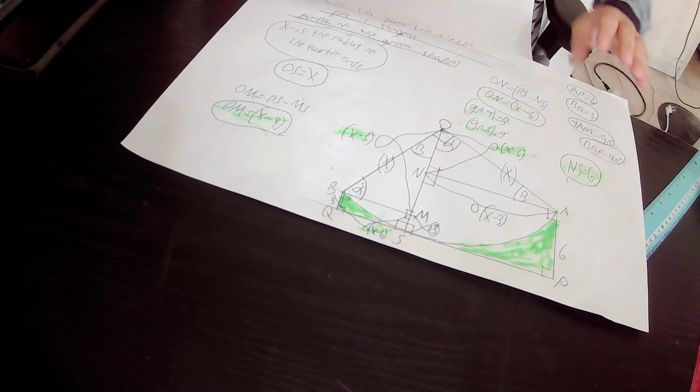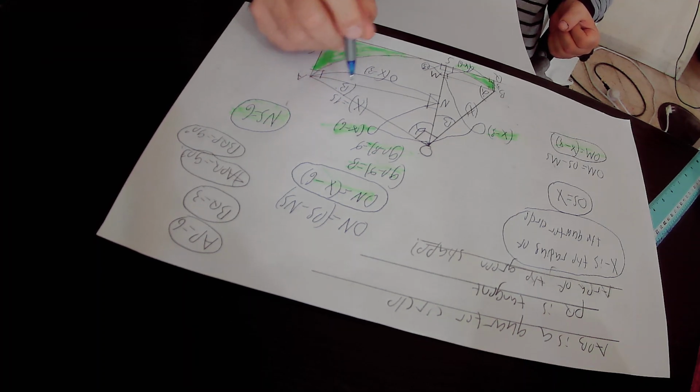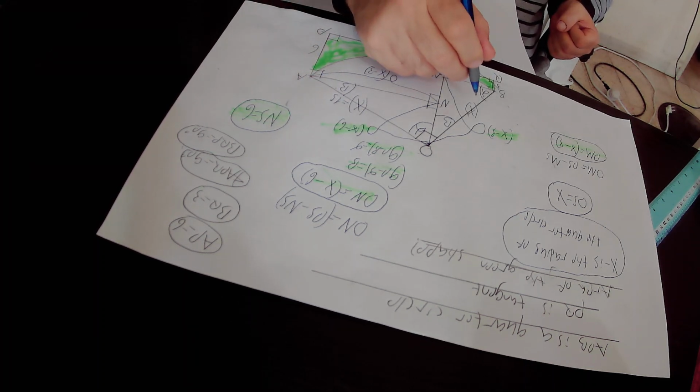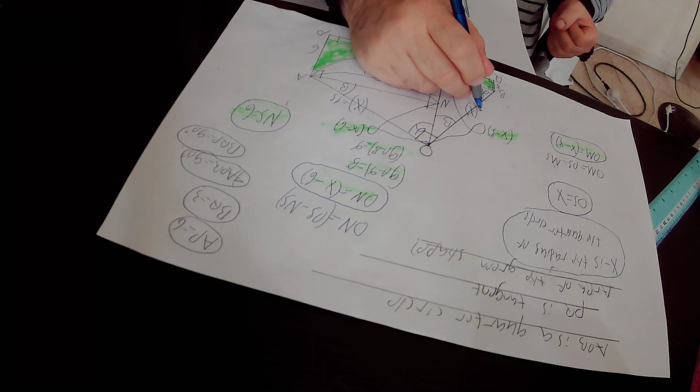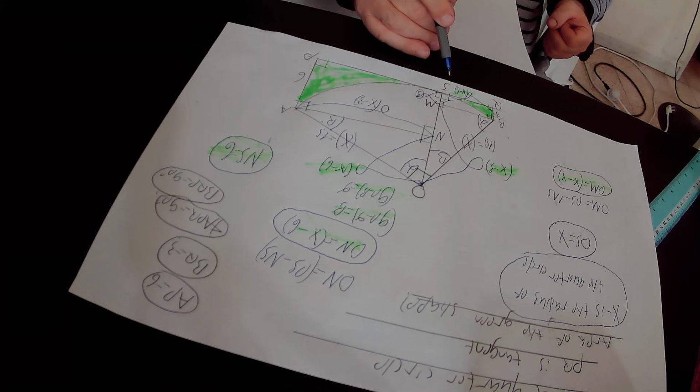Here, OA is equal to x, which equals 15 units. OB, that is also equal to x, is also 15 units. And QS equals x minus 6.